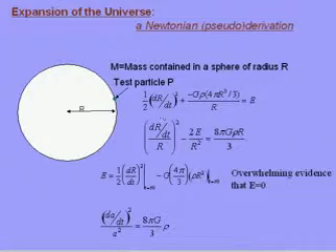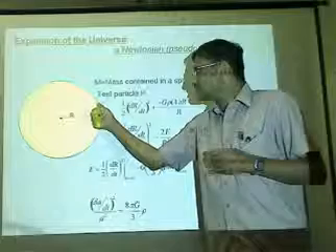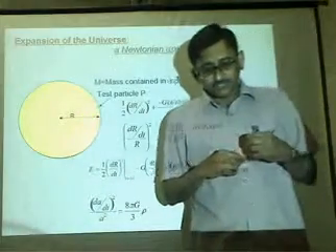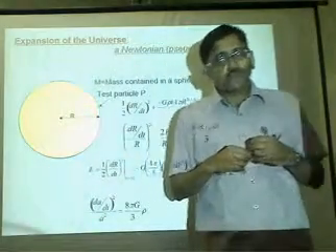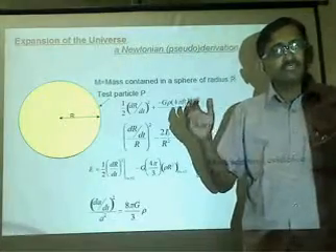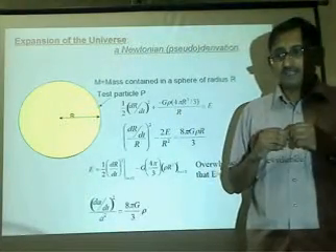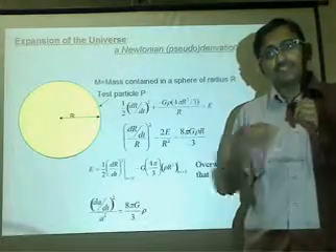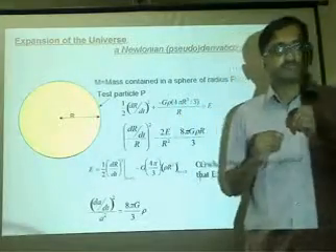Let us now consider what is the potential energy for this particle. And here one should remember the following. Suppose I have a spherically symmetric distribution and I want to find the gravitational potential energy at a point inside it.